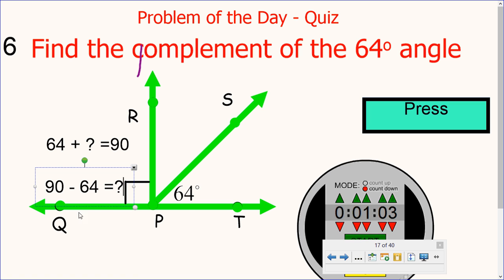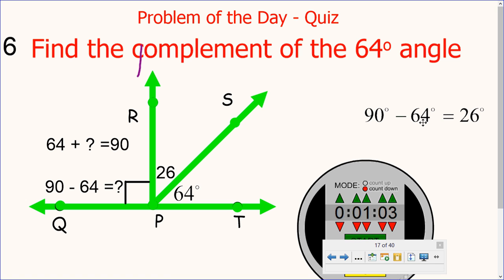So that looks like my answer for this angle, the complement, will be, I believe, 26 degrees. And if I check it by adding 26 and 64, that adds up to 90 degrees. So 90 minus 64 is 26.